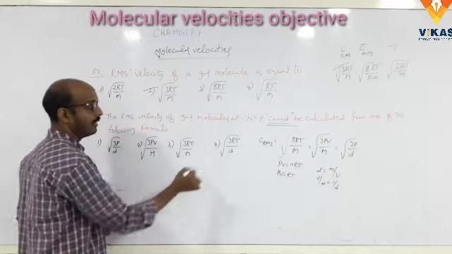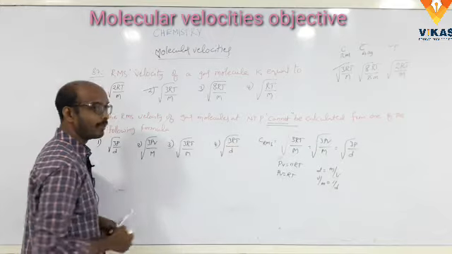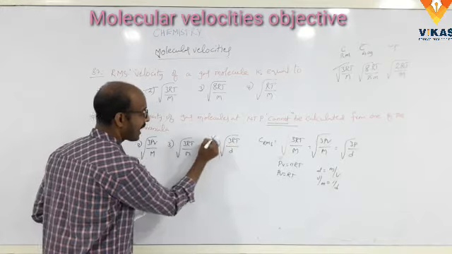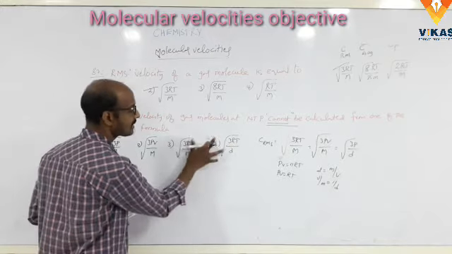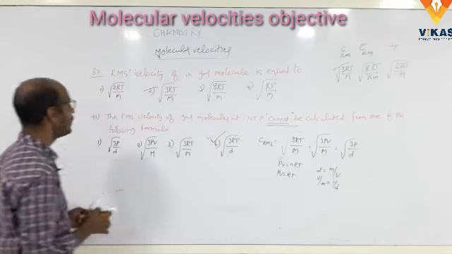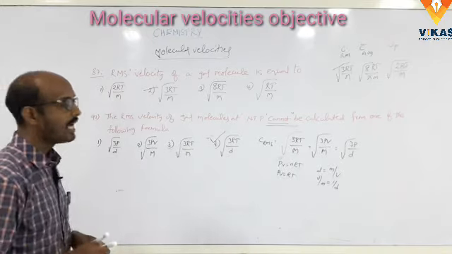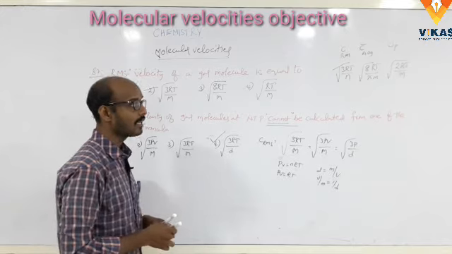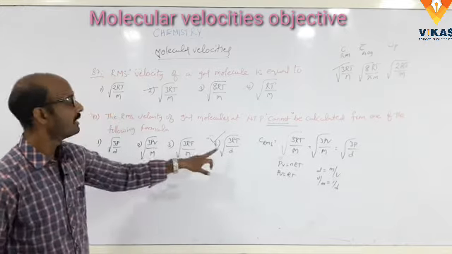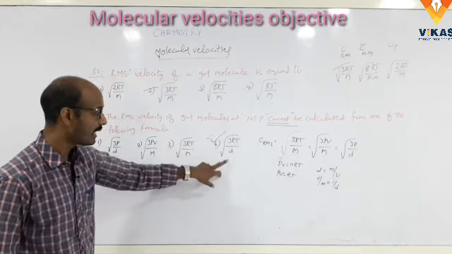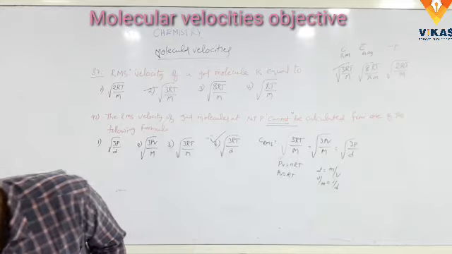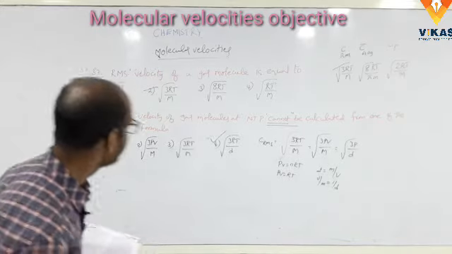And finally, under square root of 3RT by D does not calculate the RMS velocity. So the answer is the fourth one. Clear? Next question.